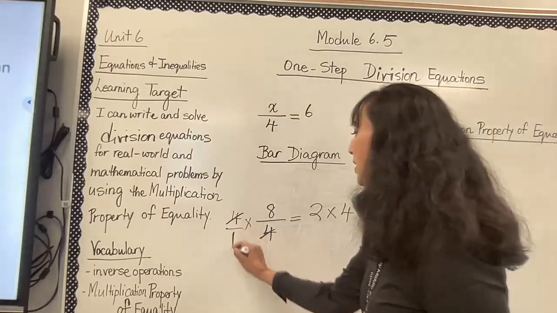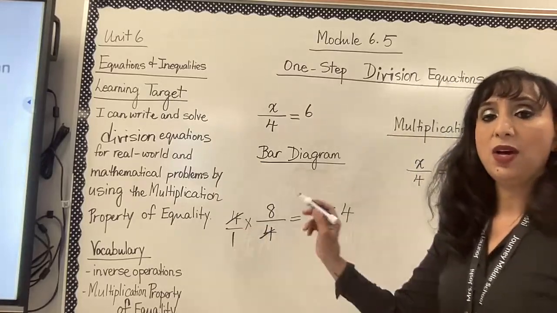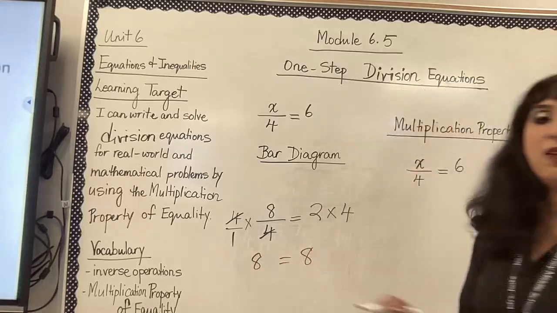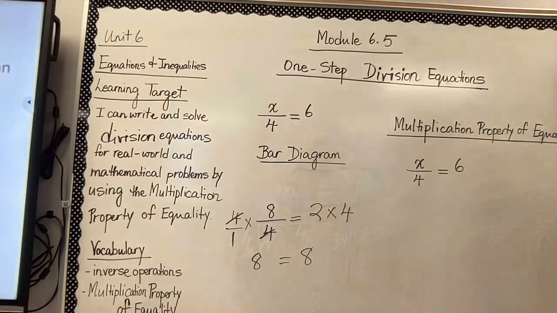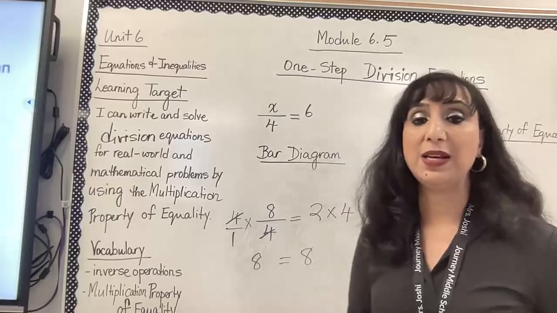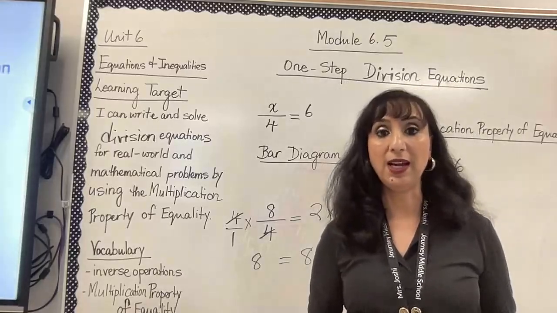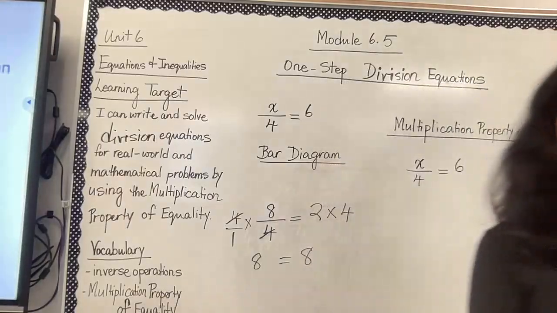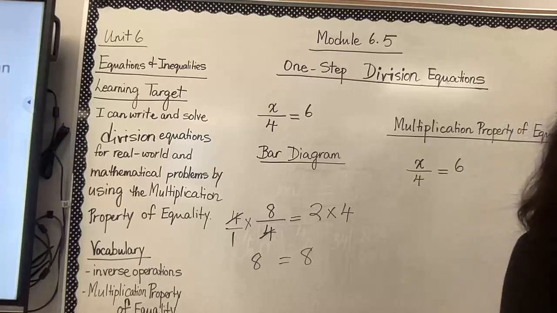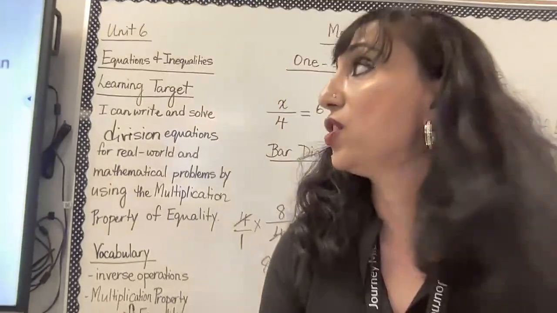So 1 times 8 gives me 8 and 2 times 4 also gives me 8. So as you can see, the two sides still remain equal, and that's basically what the multiplication property of equality is. All right? Now, I'm going to take you to my whiteboard where we are going to learn how to write division equations.